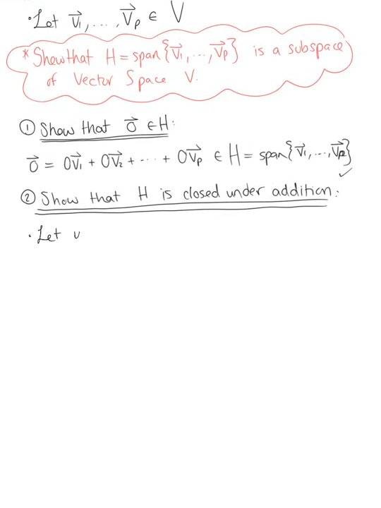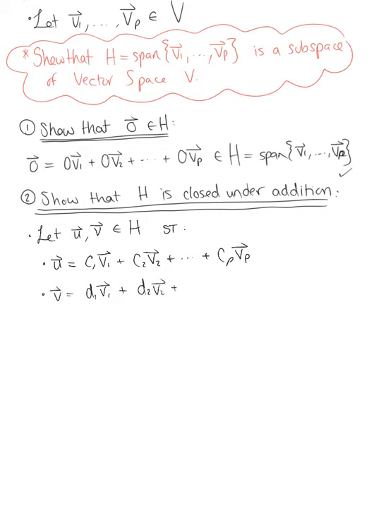I'm going to let vector u and vector v be two vectors in H such that vector u is defined as scalar c sub 1 times vector v1 plus scalar c sub 2 times vector v sub 2, all the way up to scalar c sub p times vector v sub p, and vector v is equal to d sub 1 times vector v1 plus d sub 2 times vector v sub 2, all the way up to scalar d sub p times vector v sub p.